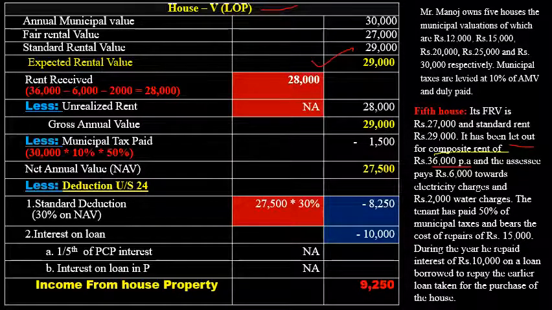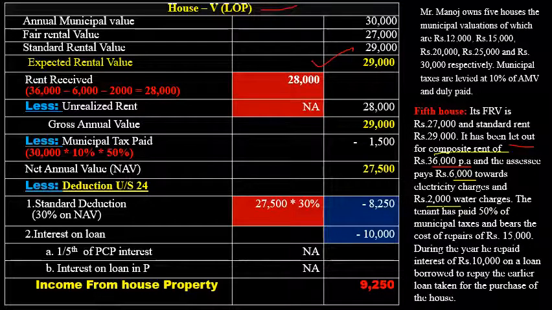So here the composite rent is 36,000 and at the same time SSC pays 6,000 towards electricity and 2,000 as water charges. So whenever there is a composite rent, from that you have to deduct the expenses which have been incurred by the owner.